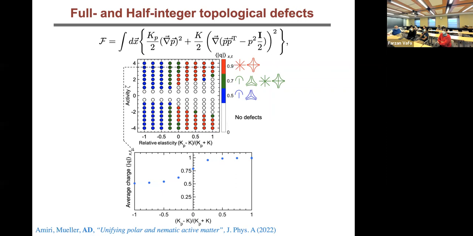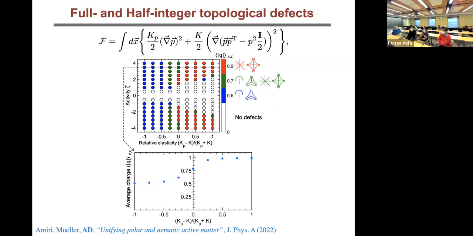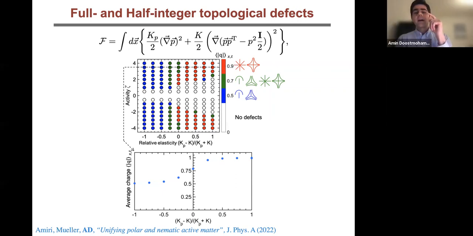Sure, yeah. And essentially, if you don't consider this term here, you only observe the full integer defect, which is a well-known thing for the polar system. As I said, I'm not sure we completely understand this coexistence thing here, but it's not about the symmetry of this term that we are taking into account.